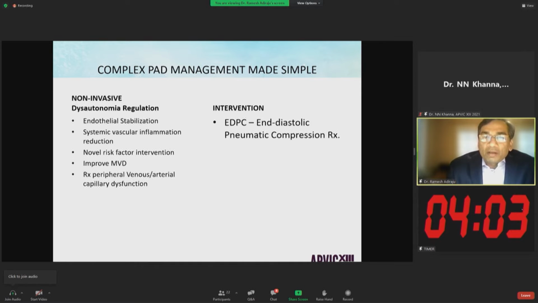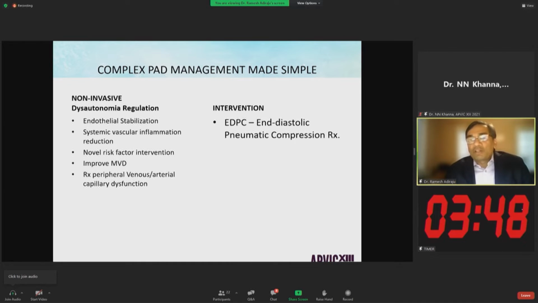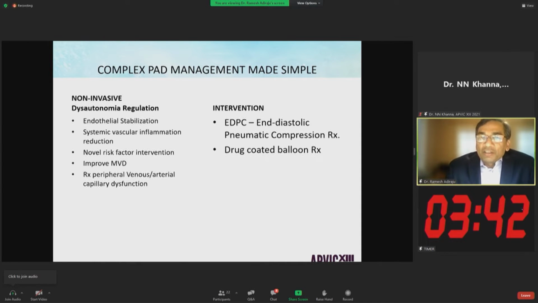Interventional, in addition to the balloons and stents and atherectomy, this is one of the systems that I helped develop along with an endocrinologist about 20 years ago. That is called the end-diastolic pneumatic compression treatment that helps with angiogenesis and distal disease management after proximal revascularization.